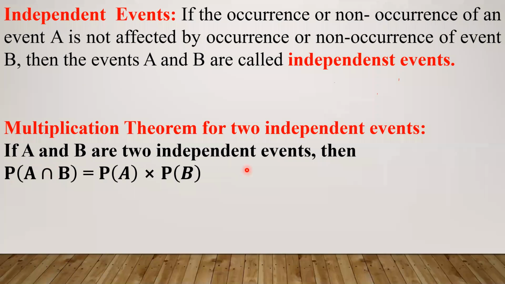So if A and B are 2 independent events, then probability of A intersection B is probability of A into probability of B. That's all you have to remember. If A and B are mutually exclusive events, then probability of A union B is probability of A plus probability of B. That is addition theorem. But if A and B are independent events, then probability of A intersection B will be probability of A into probability of B. Okay, so thank you.